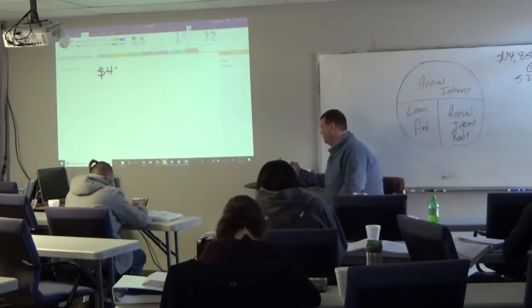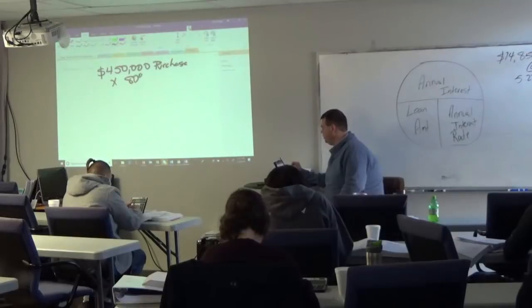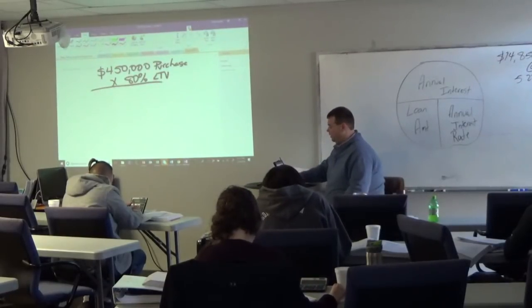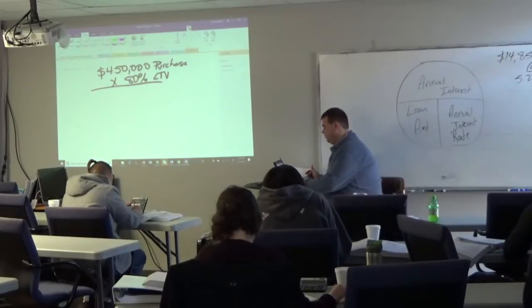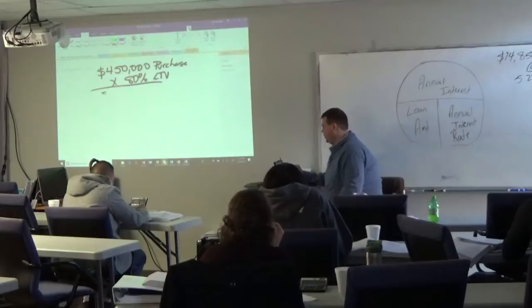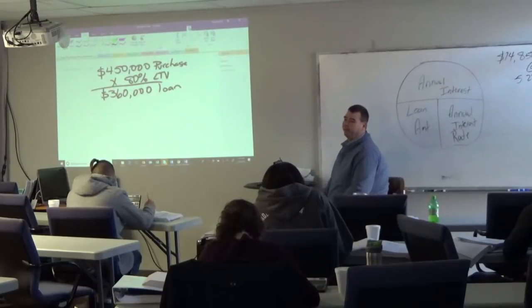We're going to multiply that $450,000 purchase price times 80% loan to value, or LTV. And if we do that, I come up with a $360,000 loan amount. How does that feel for everybody?